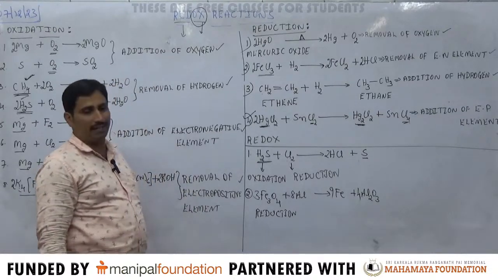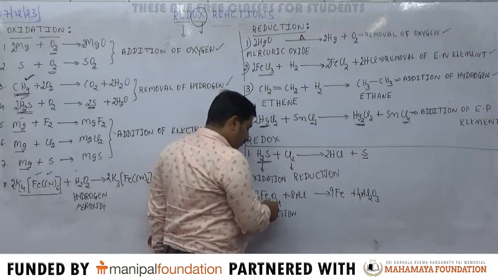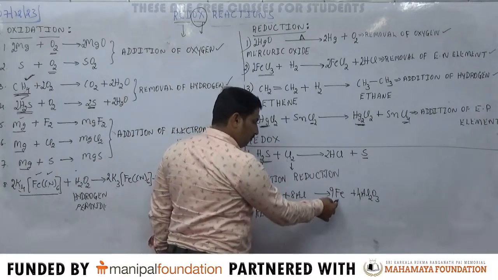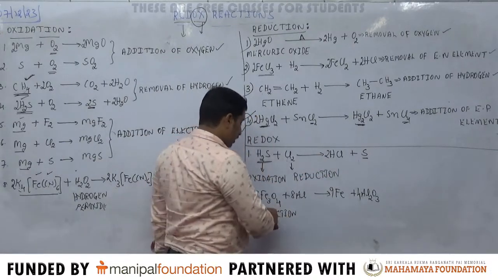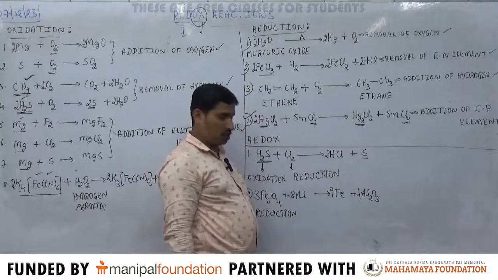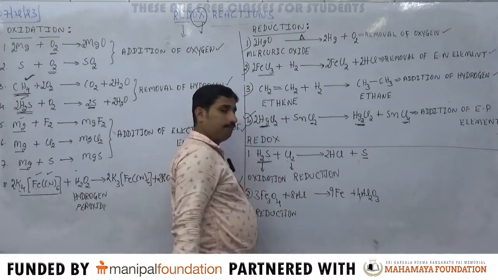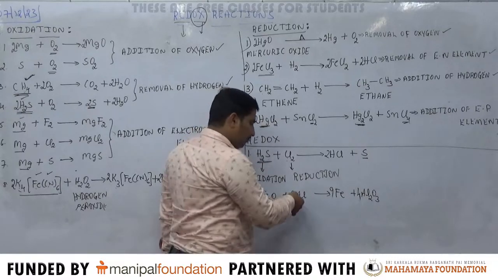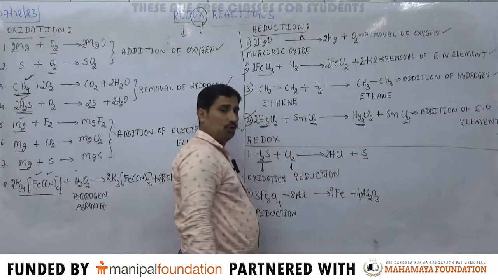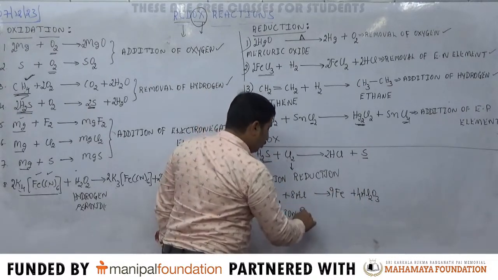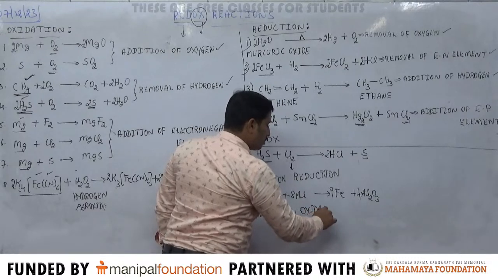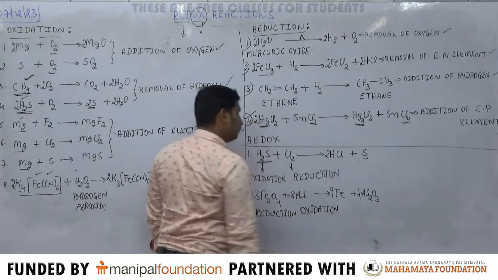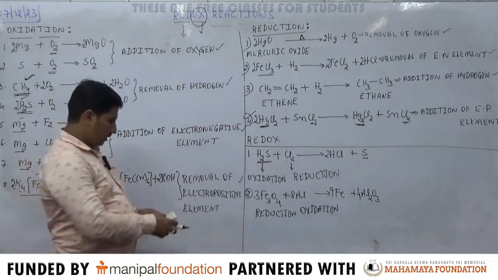From the Fe3O4, oxygen is removed, so that we will get Fe. Aluminium, to the aluminium, oxygen is added, therefore it is an oxidation. Next, one more.